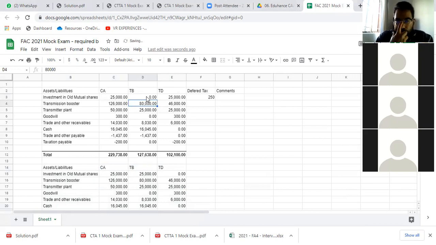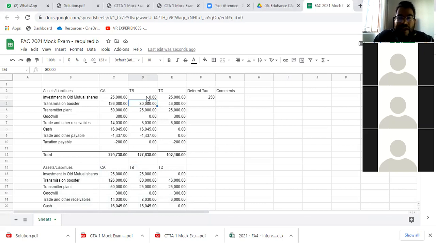So you have to tell them that he correctly used $25,000, the fair value amount, as a carrying amount for accounting purposes. However, the tax base can't be 25,000 as there are no allowable deductions, and as a result, because there are 0 allowable deductions, our tax base is 0.